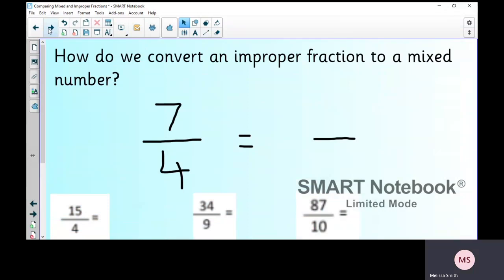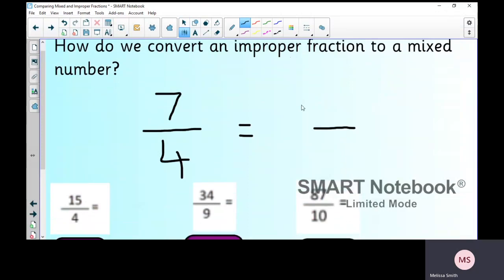How do we convert an improper fraction to a mixed number? We've got our number here, 7/4. Now, in my class, I always like to say, we'll get the easy step out of the way first. What is the easy step? Well, the easy step is the denominator stays the same. So quarters, quarters. Now we need to work out what's our whole going to be.